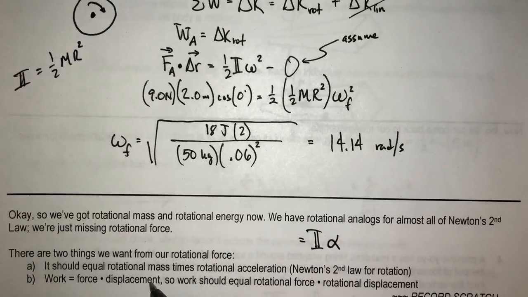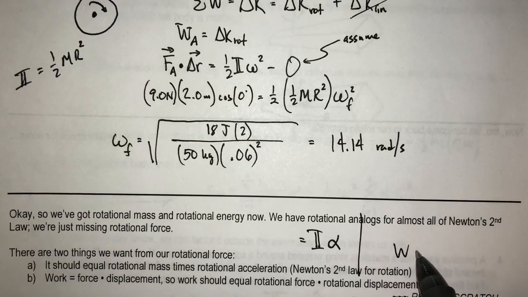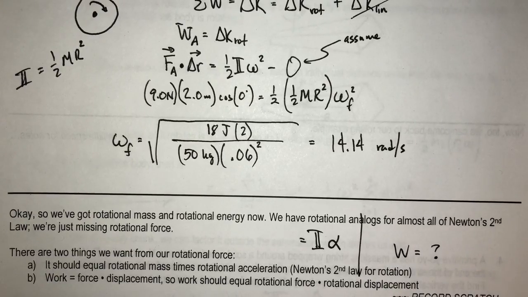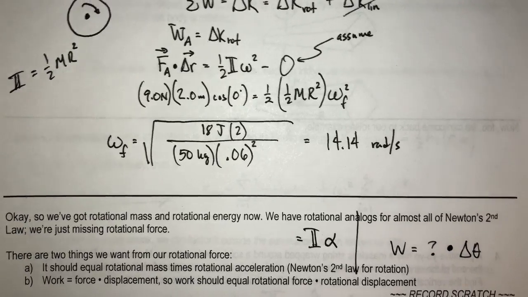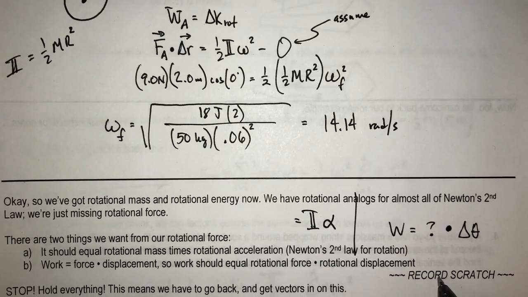Okay, so that's thing number one. Thing number two, work usually equals force dot displacement, like we just used. So work should still equal rotational force dot rotational displacement. And now we hear the record scratch and all the motion in the room stops.